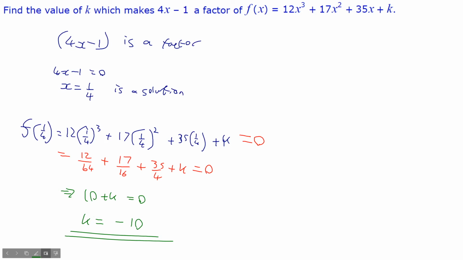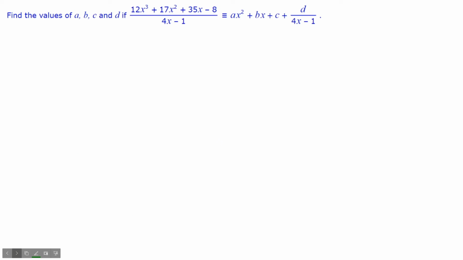Okay. So now, let's say we were to divide this, but it has -8 this time. What will the values of a, b, and c be when we put it in this form? Well, let's divide them.